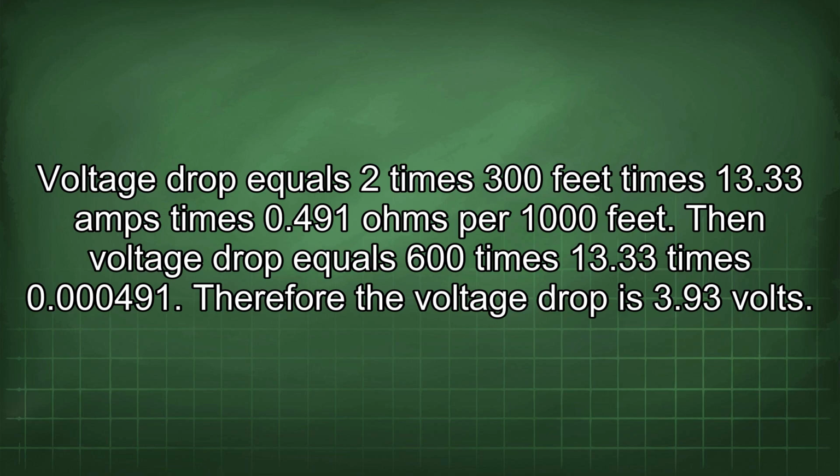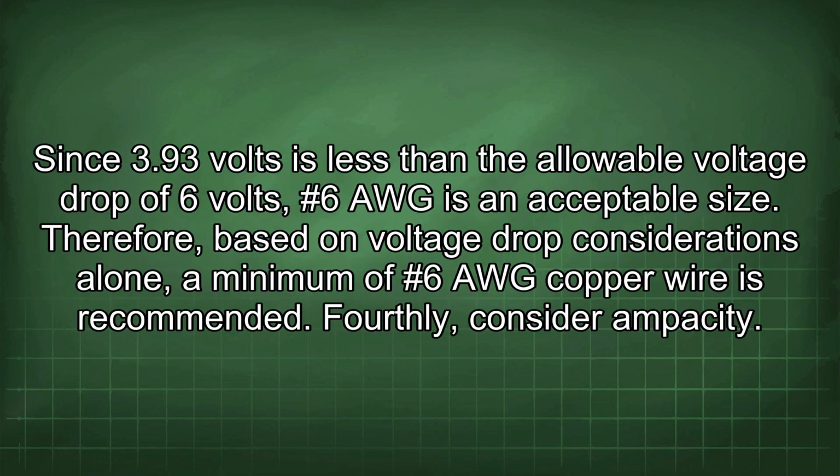Then voltage drop equals 600 times 13.33 times 0.491. Therefore the voltage drop is 3.93 volts. Since 3.93 volts is less than the allowable voltage drop of 6 volts, #6 AWG is an acceptable size. Therefore, based on voltage drop considerations alone, a minimum of #6 AWG copper wire is recommended.